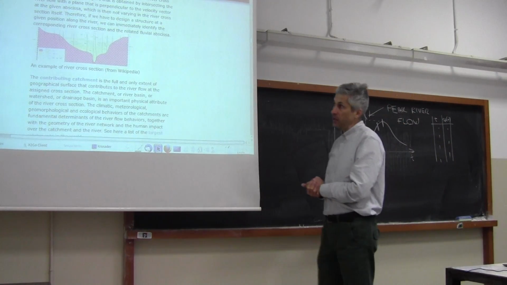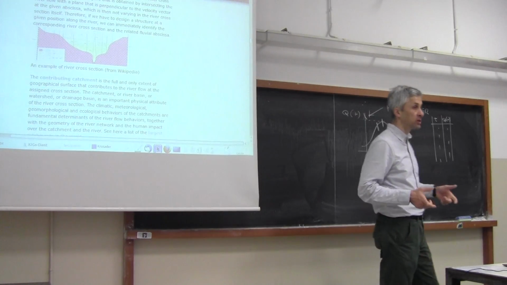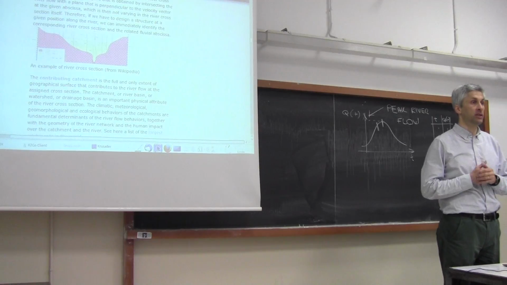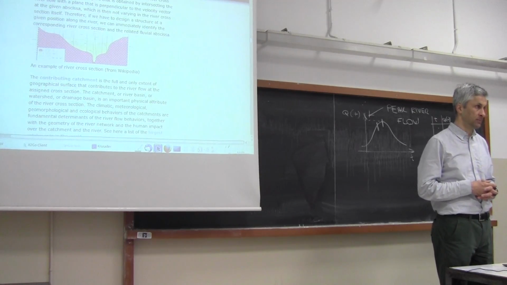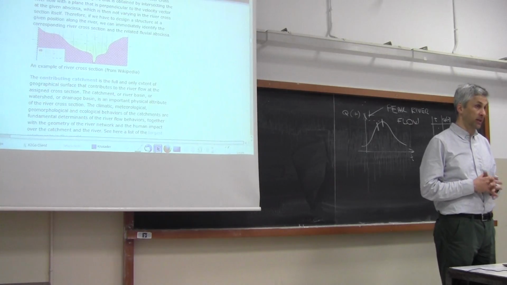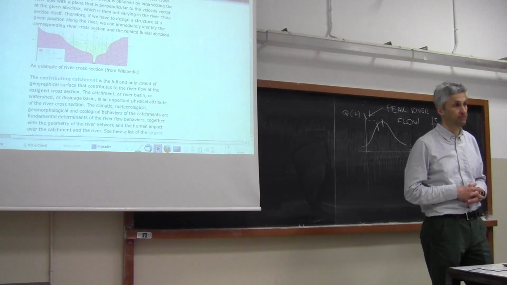The geometry may not change in space, and this only happens for artificial channels. So we say that the channel is prismatic, which means that, again, the geometry doesn't change in space.